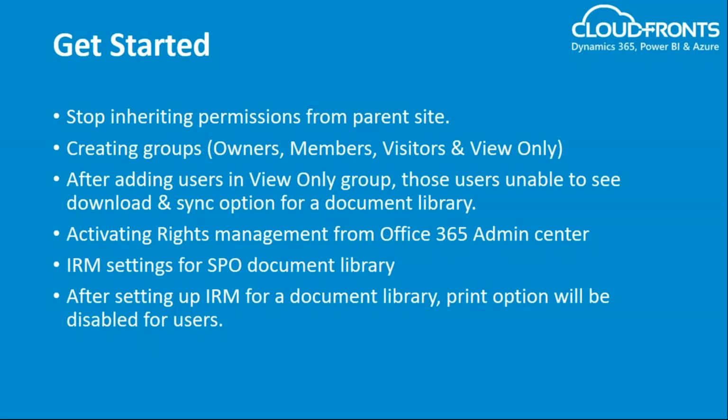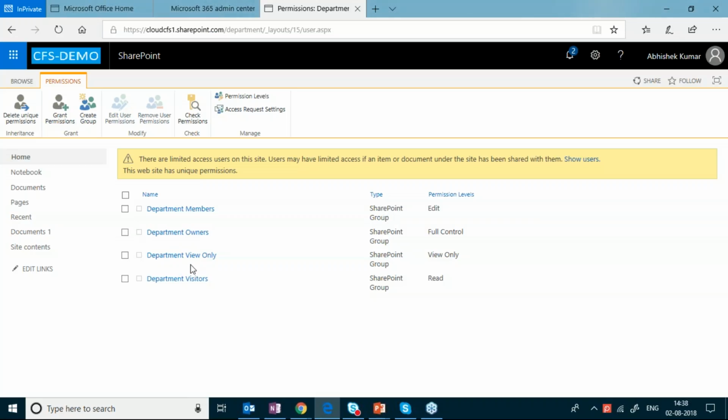Now the next thing, after adding users in view only, we need to add those users for whom you want to restrict the access of downloading and synchronizing options for the document library. We have created this view only group for the users to whom you want to restrict downloading and synchronizing the document library or documents.